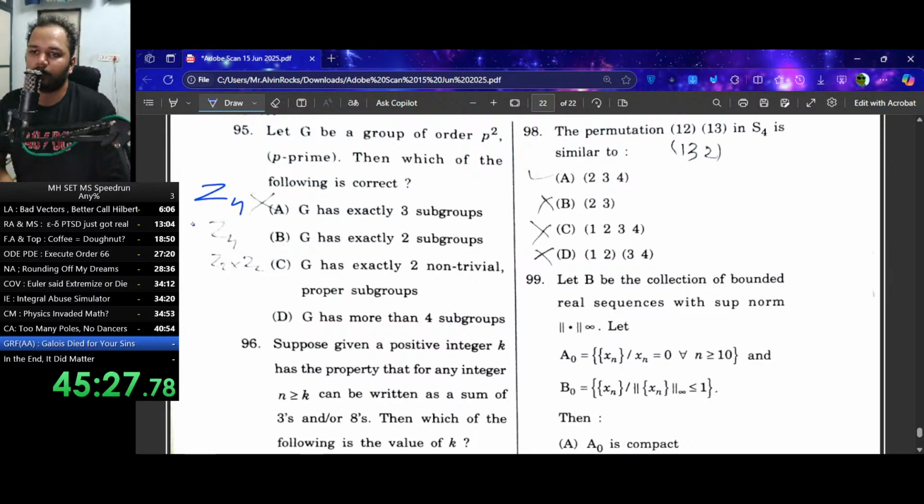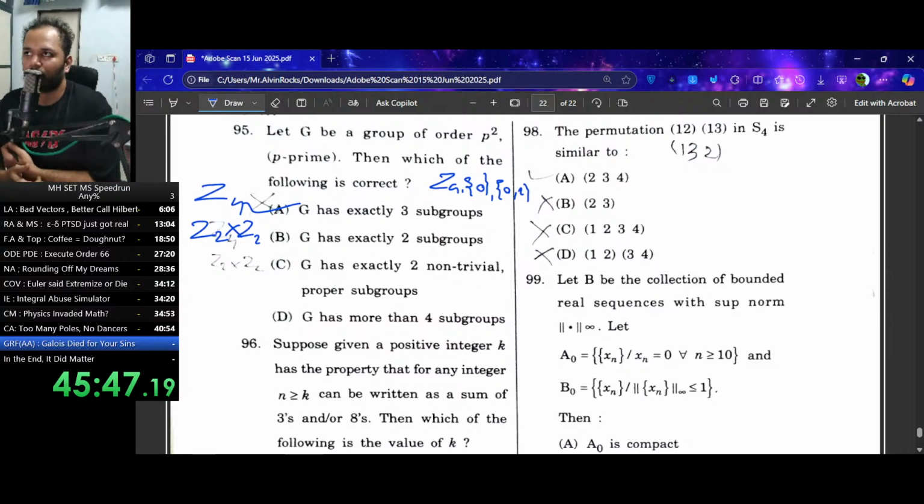Therefore, by elimination. You take Z4 and Z2 cross Z2. Z4 has identity and 0, 2. So it actually has 3 subgroups, but if you take a larger set, then it is not true. 3 squared is 9.